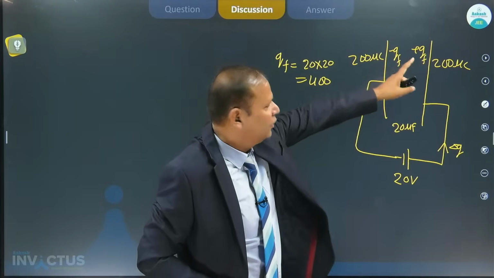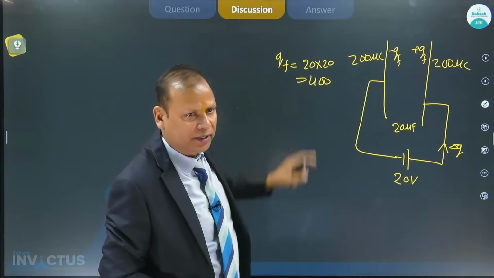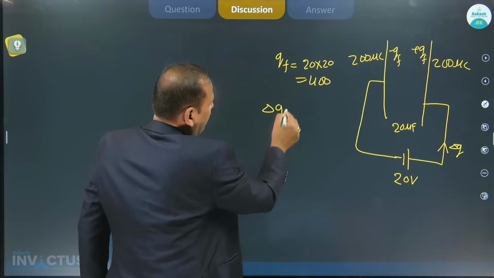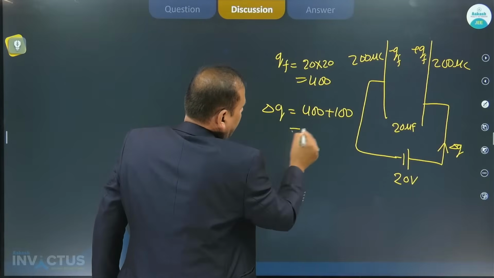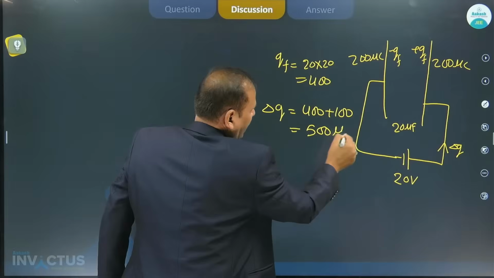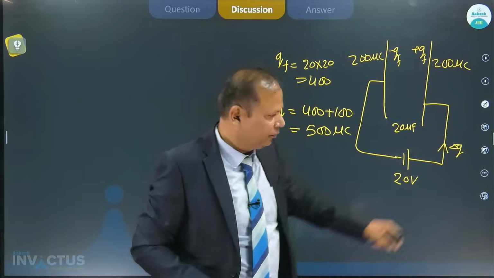Initially, the charge was minus 100. Finally, the charge is 400. So, delta Q is equal to 400 plus 100, that is 500 microcoulomb. This is the amount of charge flown.